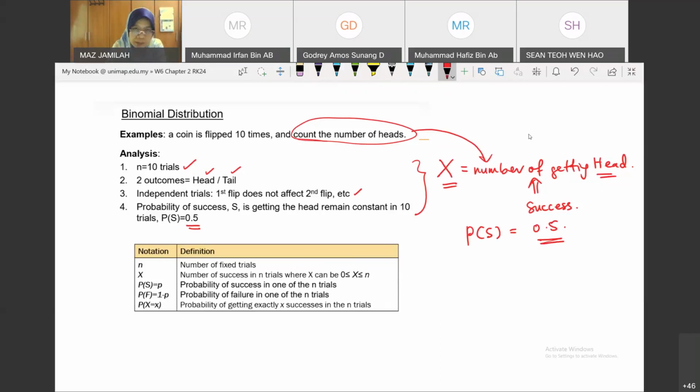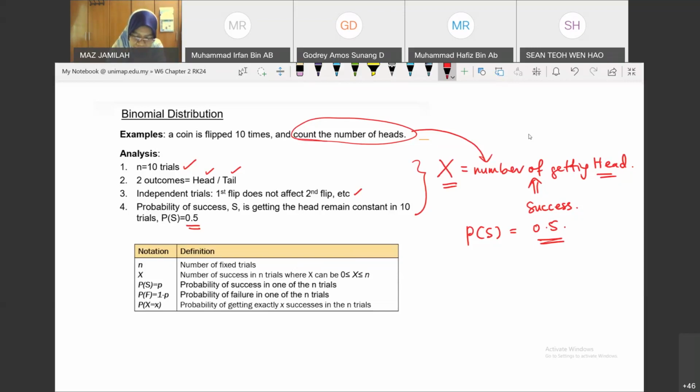Okay, now in terms of notation, class, there will be many notations used in this chapter in terms of probability. So make sure the way you write the probability, the random variable, the distribution, and so on is according to the right format. For example, n refers to the number of fixed trials.